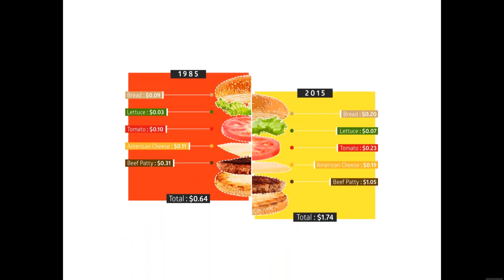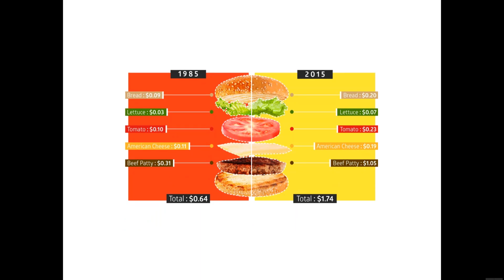Everybody loves burgers. So this is the material cost for a burger in 1985, compared with 2015. You can see the bread in 1985 is 9 cents and in 2015 is 20 cents. Lettuce, 1985, 3 cents; 2015, 7 cents.